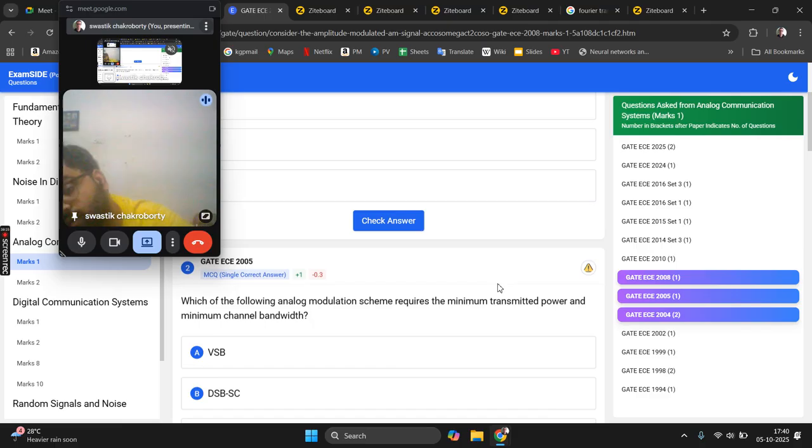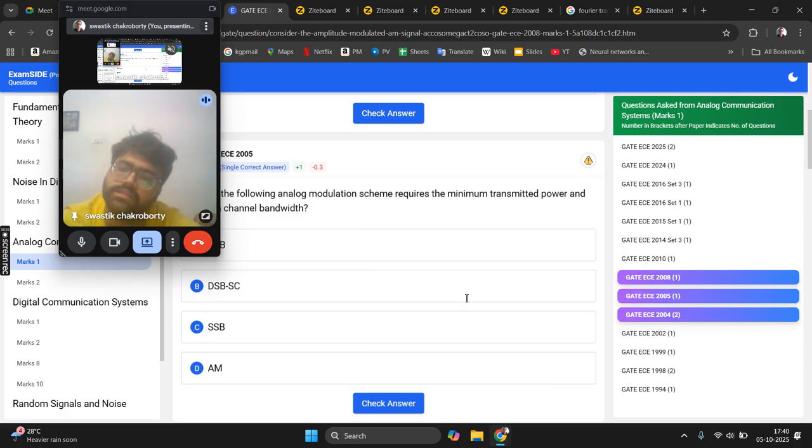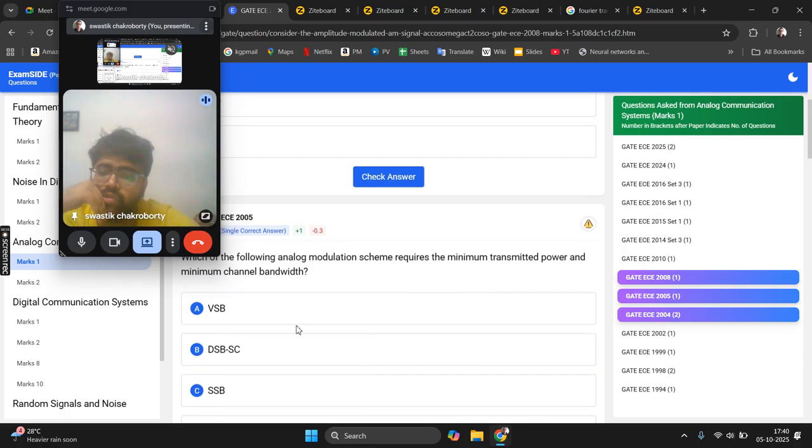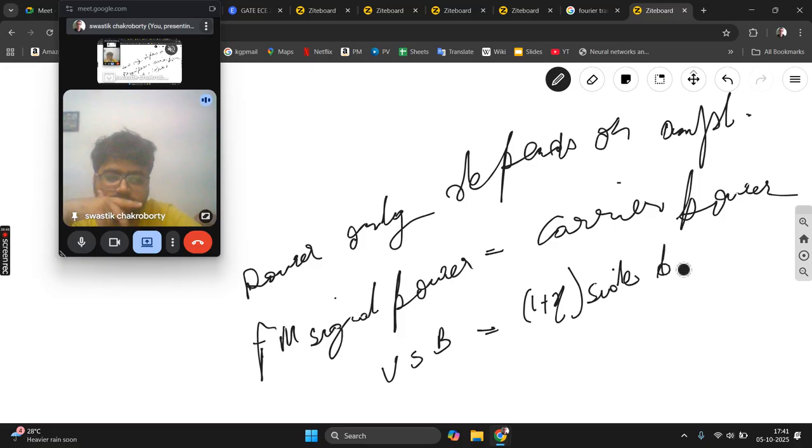which of the following analog modulation schemes requires minimum transmitted power and minimum channel bandwidth? So single sideband, because VSB, vestigial sideband modulation, has 1 plus eta sidebands.